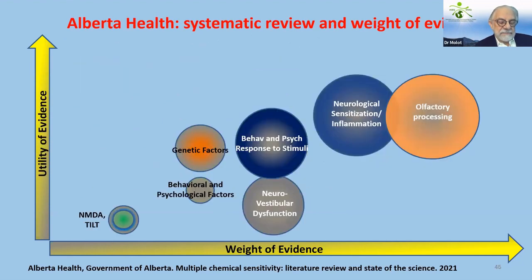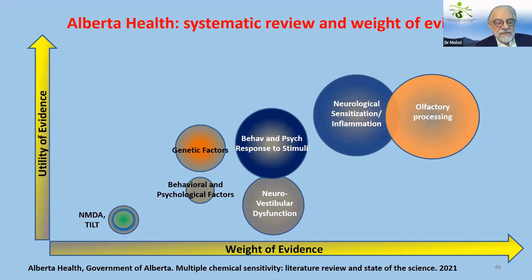In this case, Alberta Health weighed the evidence as to whether multiple chemical sensitivities exist, whether it's just a psychological false belief system or whether it's biological, and if so, what mechanisms are involved.